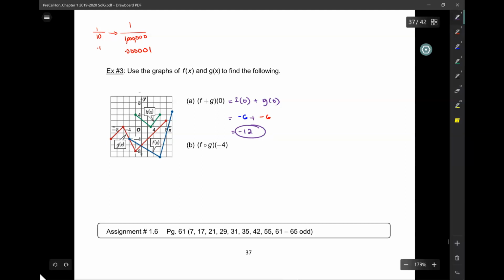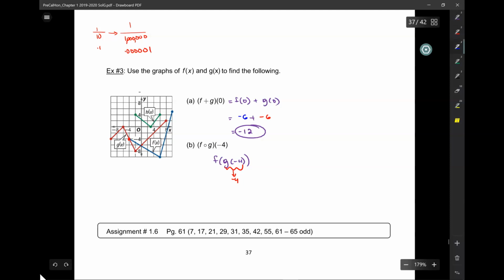Next, what I have here is f of g of -4. So again, I start from the inside. g of -4, g at -4 is -4. So when x is -4, g is also -4.